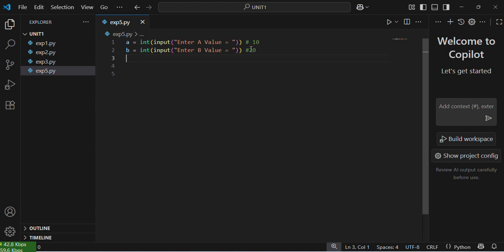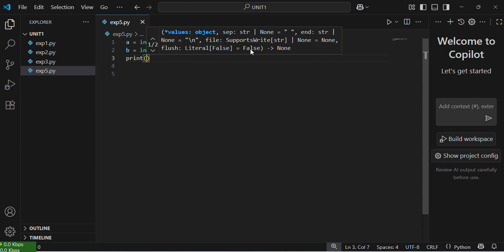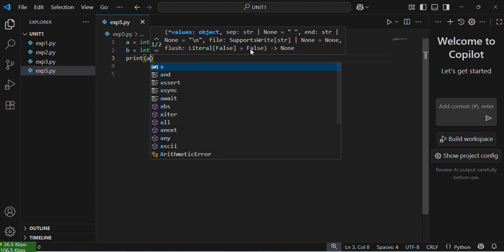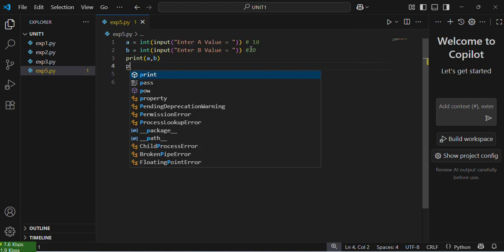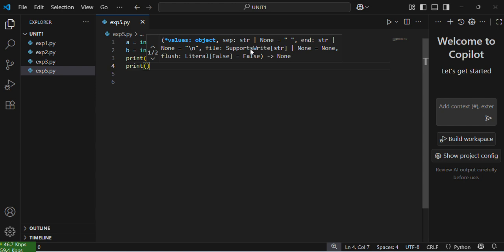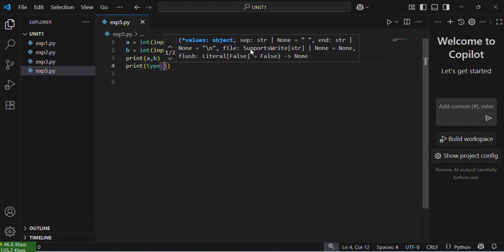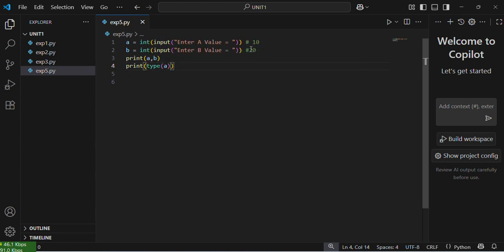After that, the a and b values are converted into complex numbers. First I print a, b, which are integer values. Now I print the data type using the type method: type a, then type b.